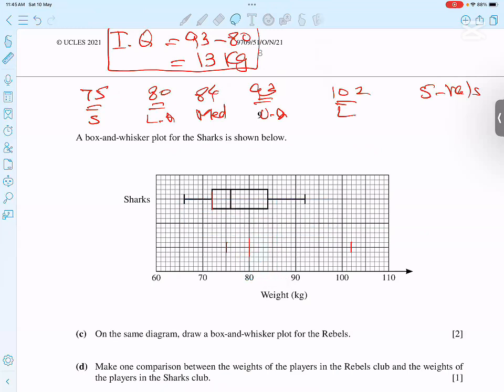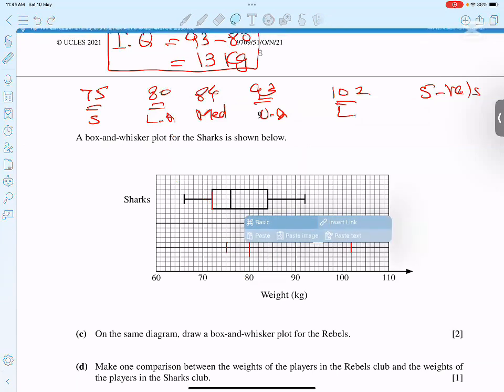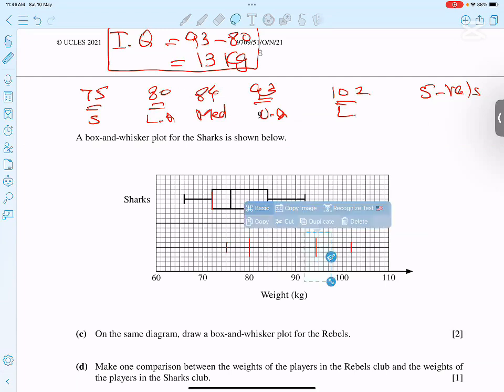Next value is 80, the lower quartile, done. Now the upper quartile, 93, and the median, 84. I do them all together, so have a look. Here is 93, and here is the median, 84.